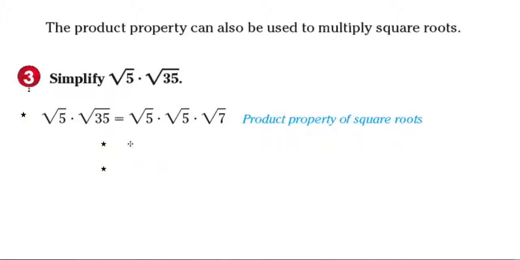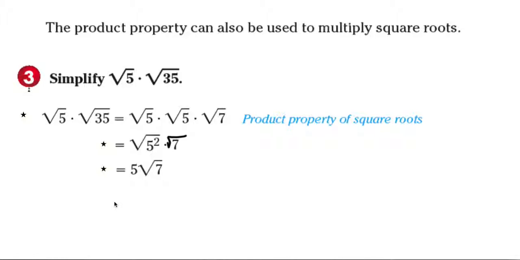Then you can combine radical 5 times radical 5 to become radical 5 squared times radical 7. They just forgot to write down radical 7 right there. That becomes 5 times radical 7, because we're getting the principal square root of 5 squared, which is 5.